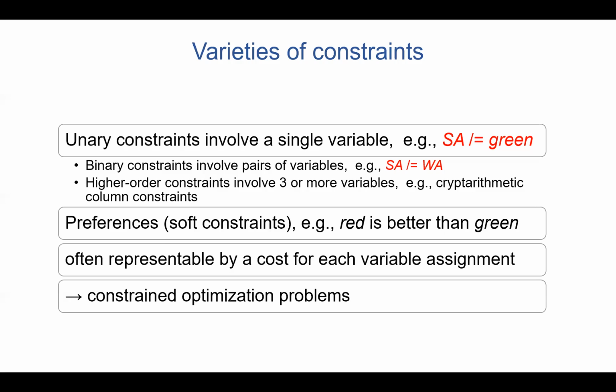And then there are global constraints too that involve an arbitrary number of variables. To recap, a unary constraint involves only one variable, binary involves two variables, and higher order involves three or more variables.